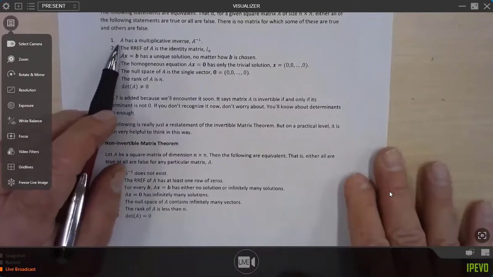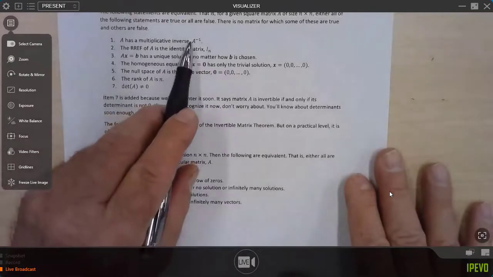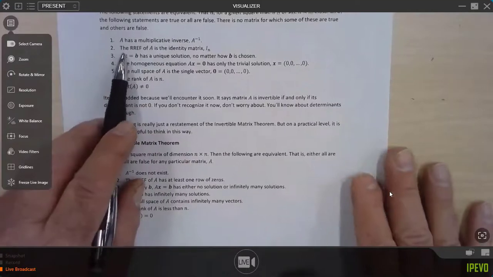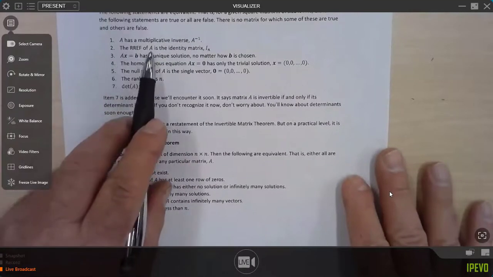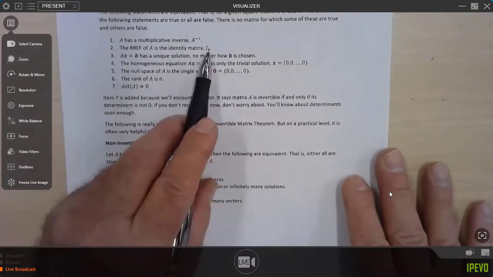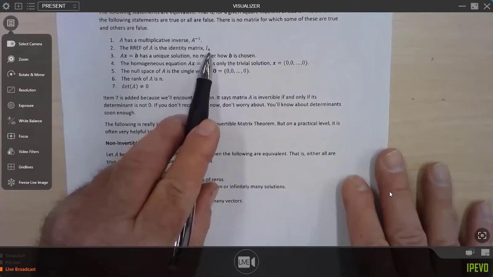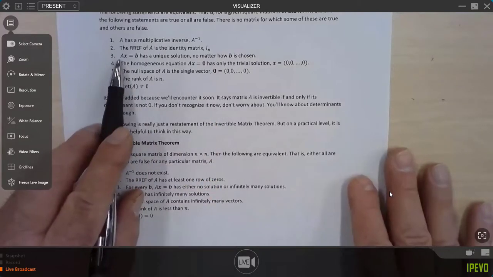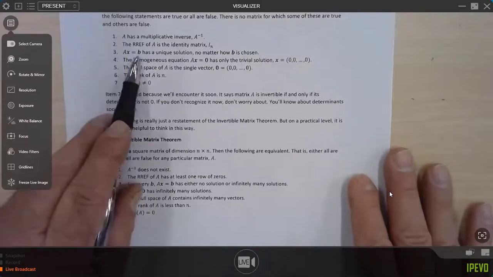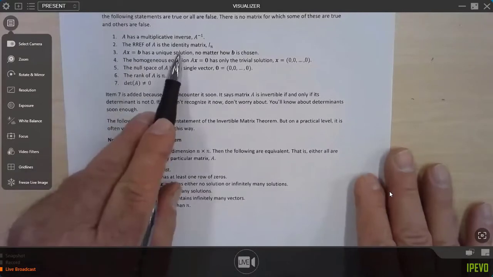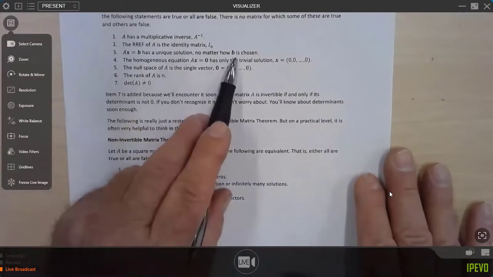So suppose A has a multiplicative inverse, then it must also be true that the row reduced echelon form of A is an identity matrix. It must also be true that the system of equations AX equals B has a unique solution no matter what B you put on the right-hand side.